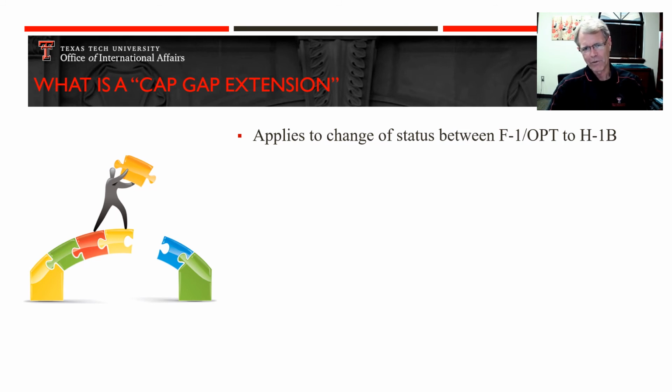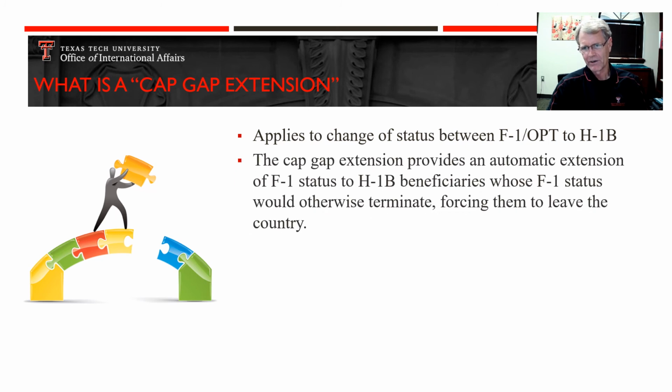Now, if that's not relevant to you, then this won't be of interest, but many of our students would like to make a transition from an F1 visa to what is called a work visa, H1. It's a type of work visa. And you do that through what's called a cap-gap extension. So cap-gap extension provides an automatic extension from F1 to H1 status.